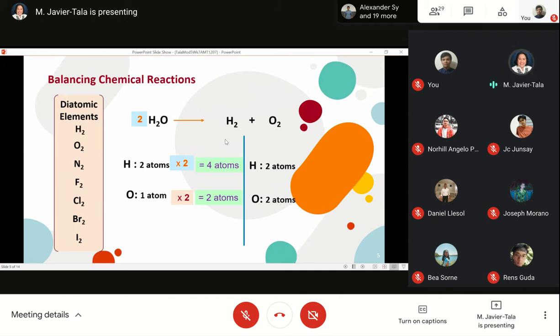atoms. But if you look on the product side, there are only 2 atoms of hydrogen. So we multiply it by 2, so it will also be 4 atoms. And that multiplier, we put it in front of the element so that it will also be 4 atoms. So please look again.